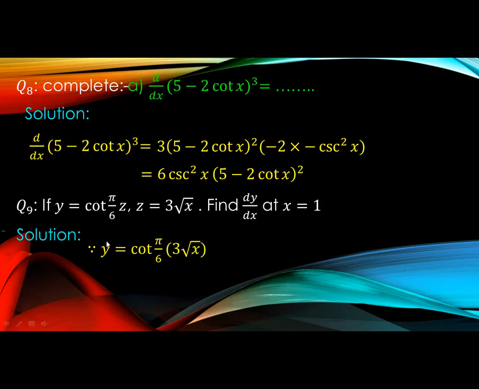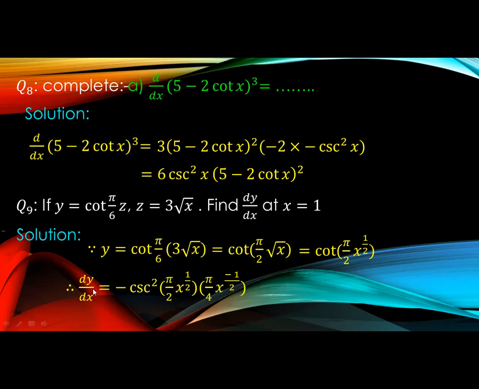So y equals cotan pi over 6, and substitute z by 3 root x. In the simplest form, it is equal to cotan (pi over 2 root x). We can rewrite this function in the form cotan (pi over 2 x to the power half).